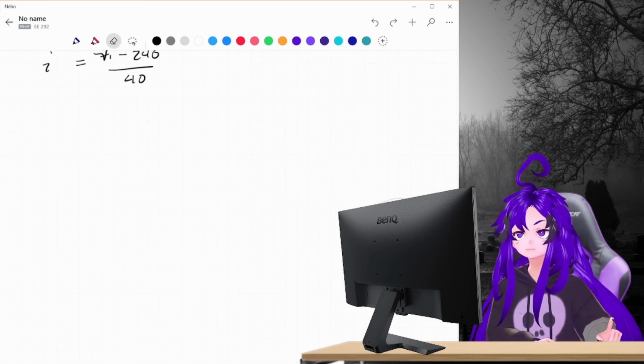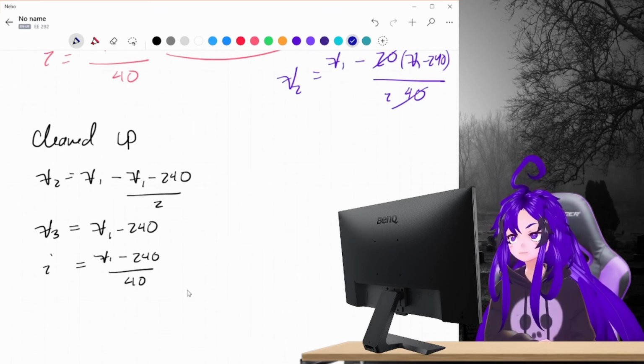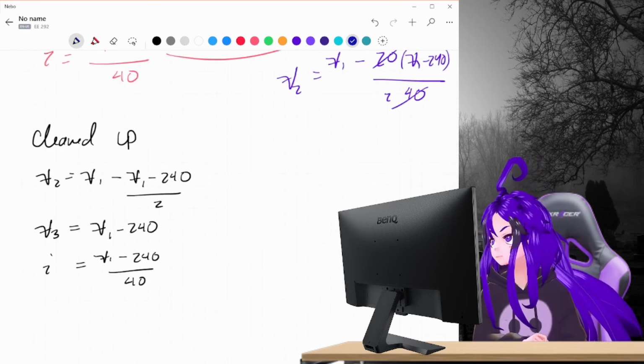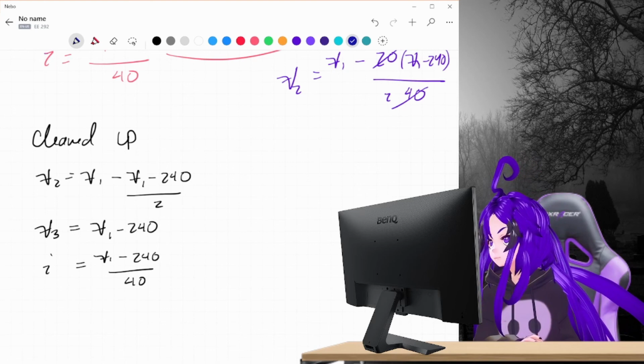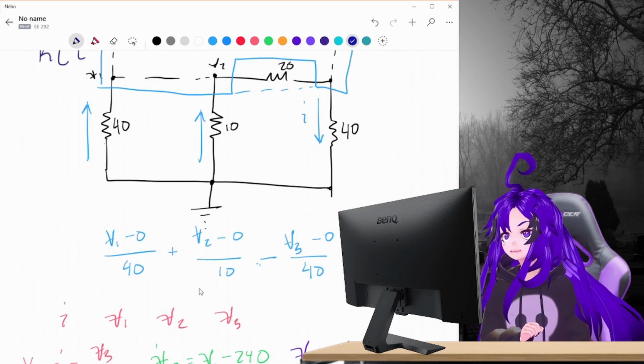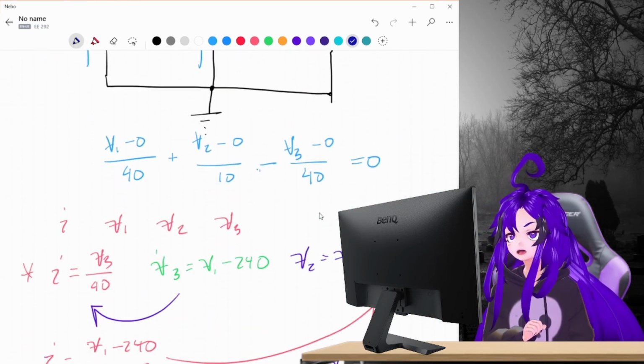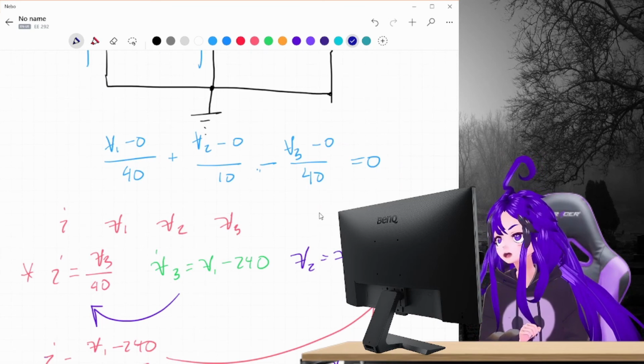Okay, so we are actually going to use not the voltage loop, but the current.